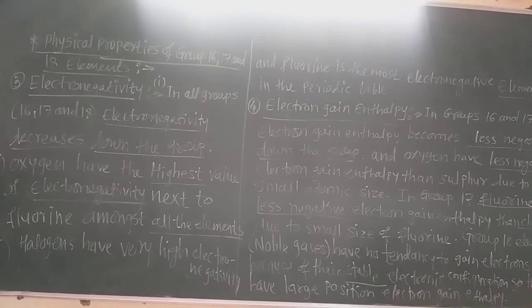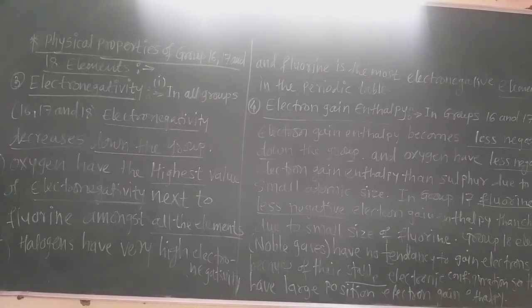And oxygen has a less negative electron gain enthalpy than sulfur. Sulfur has a somewhat more negative electron gain enthalpy, and oxygen has the less negative electron gain enthalpy due to its small atomic size.